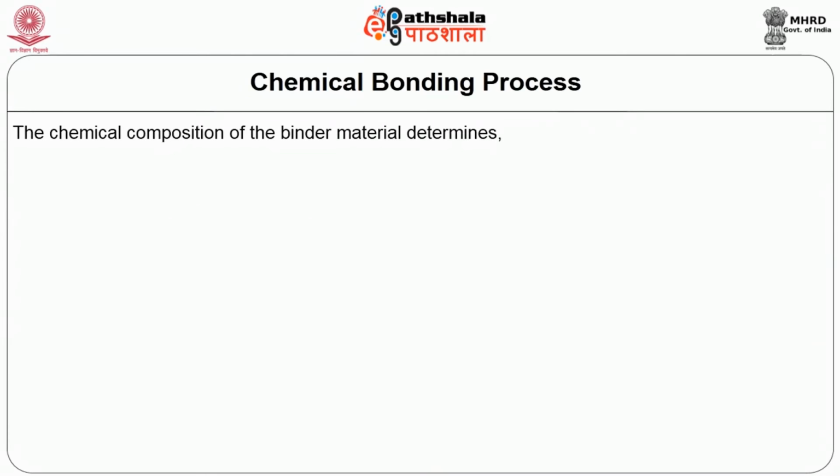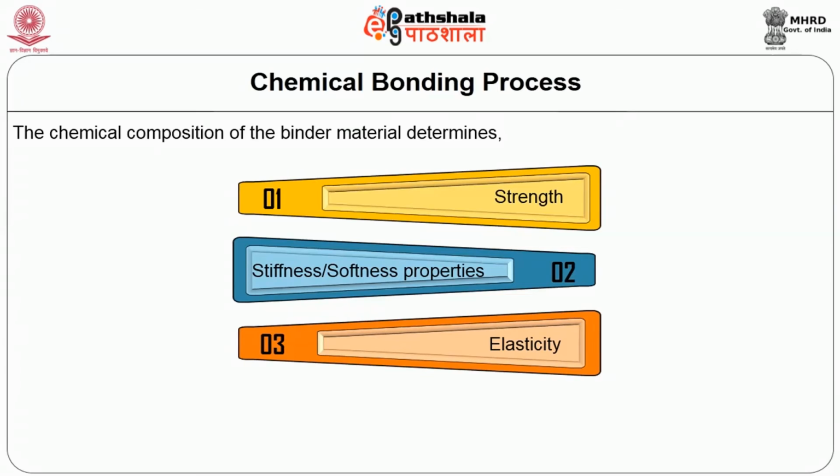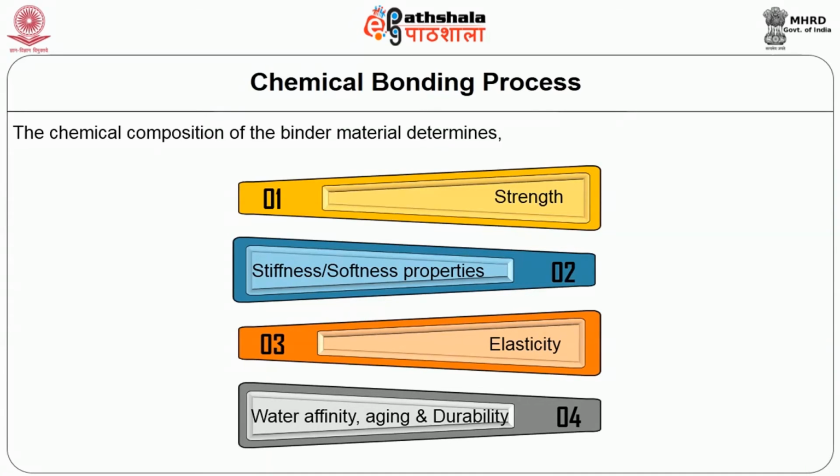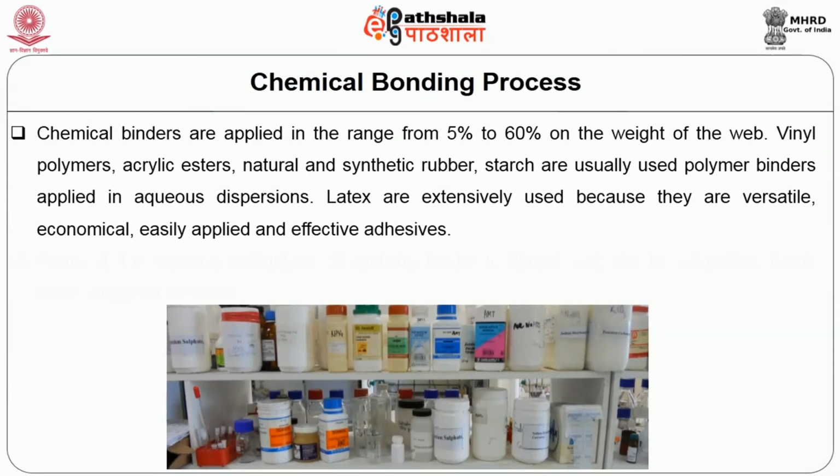The chemical composition of the binder material determines the strength, stiffness or softness properties, elasticity, water affinity, aging, and durability. Chemical binders are applied in the range from 5 to 60% on the weight of the web.